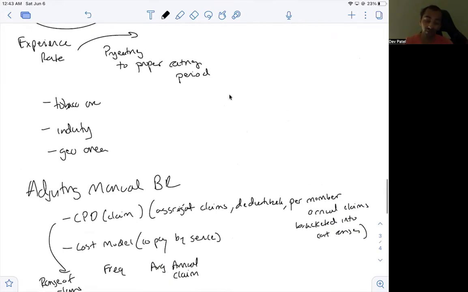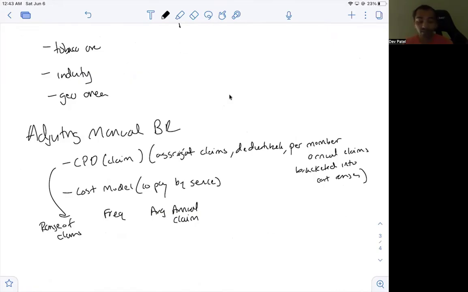The baseline manual rate is adjusted two ways: CPD, claim probability distribution, and cost model. For CPD, we have aggregate claims. That's why anytime we have a deductible, we're looking at per member annual claims. That's why we want to use CPD, because those deductibles actually apply at the per member annual claims level, right?